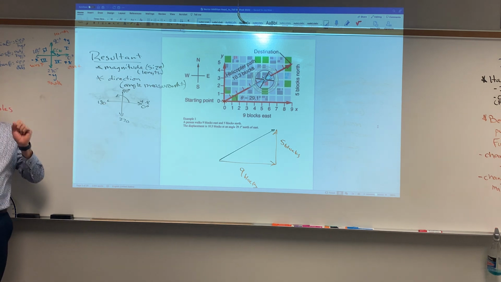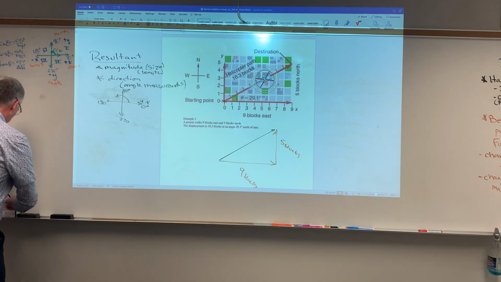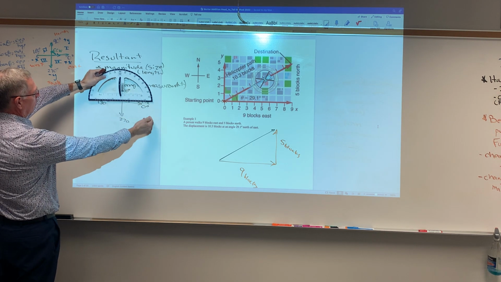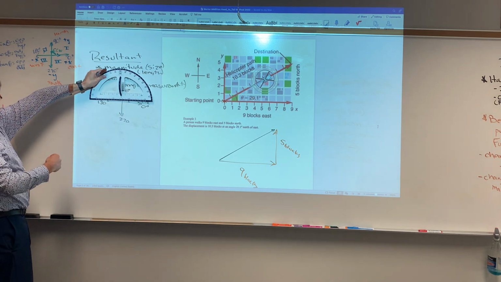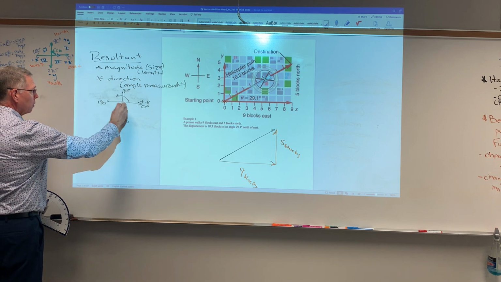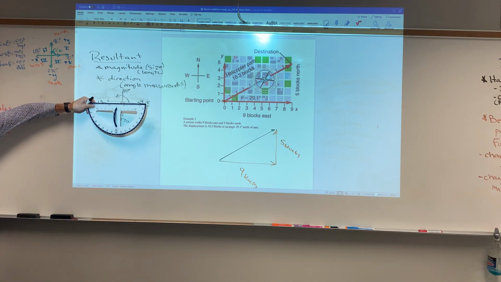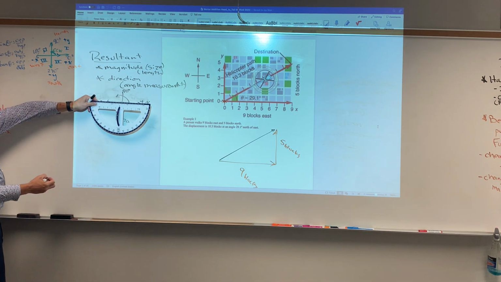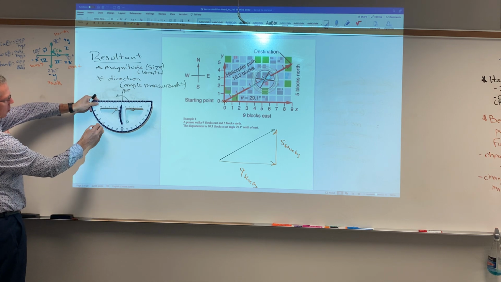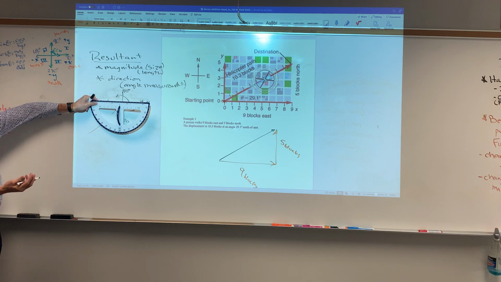Now if you look at the protractors on the table, what's the maximum angle measurement on those? Right, 180. So those will be good to measure up in the first and second quadrant. But if your resultant or your vectors are in the third or fourth quadrant, then you have to turn it over and add 180 to it. Like this one, 180 plus 45, 225 degrees.